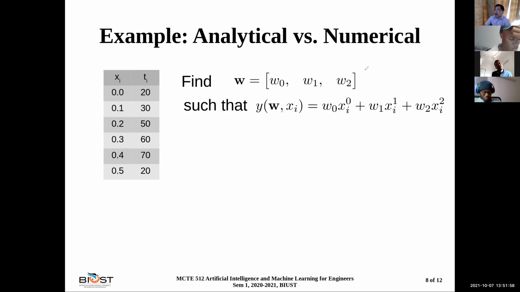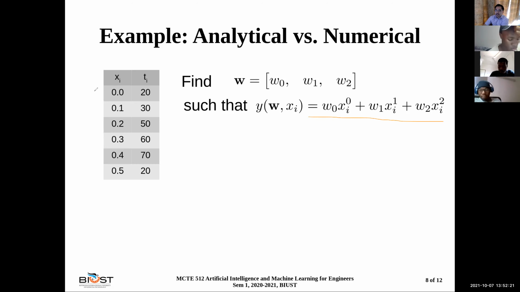Now let's have an exercise where we have a polynomial function of the second order. That means w0 xi to the 0, w1 xi to the 1, and w2 xi to the 2, where i is the index of the data.